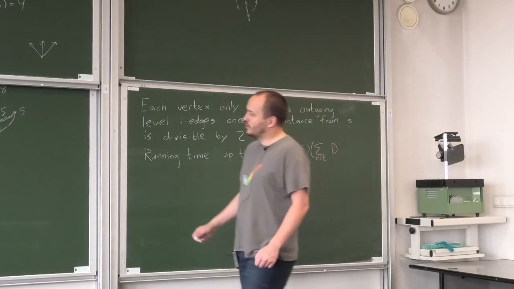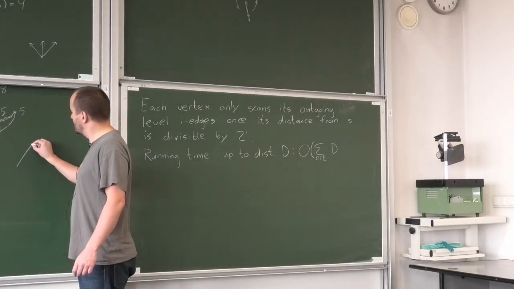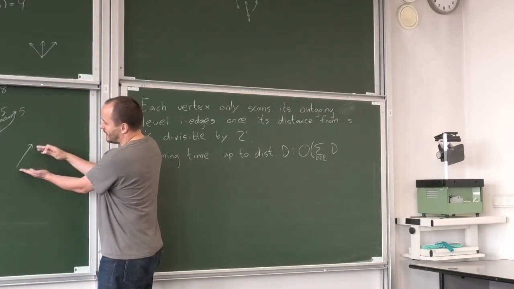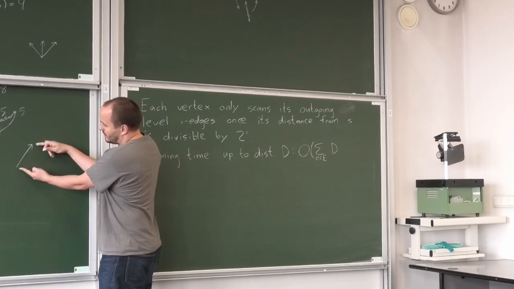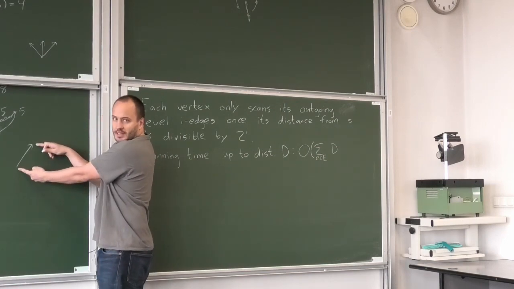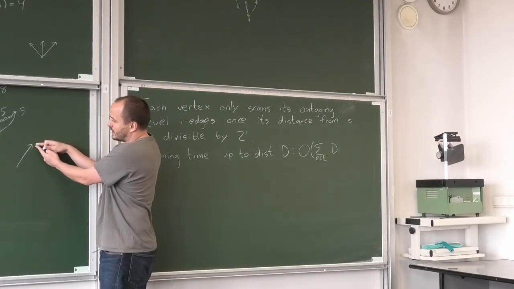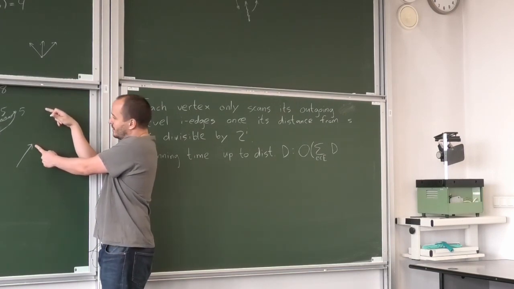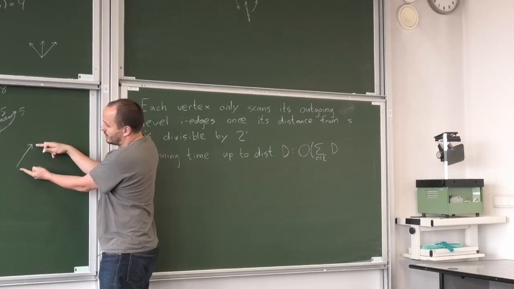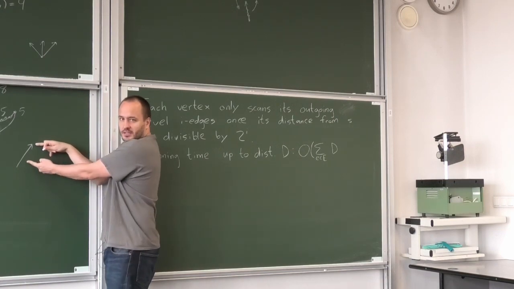Remember, when you look at this edge here, if it had level 4, then the maximum weight would be 16. Then it could shrink all the way to 0, and then it would jump back to have weight 16 again. But when it shrinks from weight 16 to 15, does it need to be scanned?